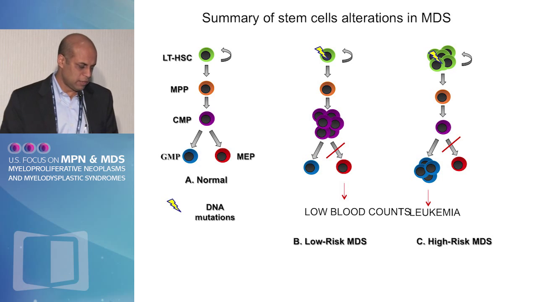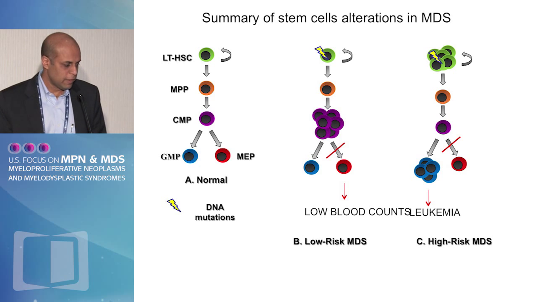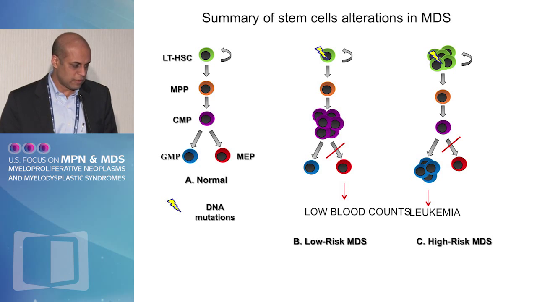Now, a mutation or an epigenetic event occurs in the stem cell compartment, and in lower risk MDS we find a differentiation block at the common myeloid progenitor. We see many more of these and very reduced numbers of megakaryocytic erythroid progenitors, which can potentially explain the thrombocytopenia and anemia that we see in these cases.